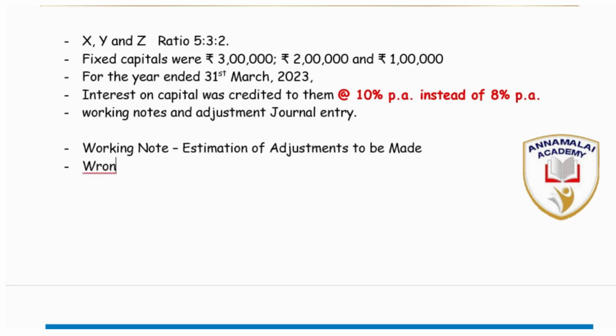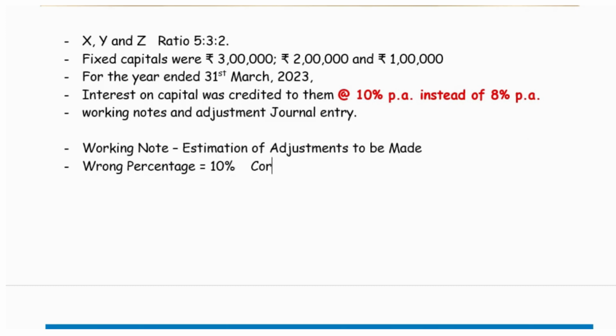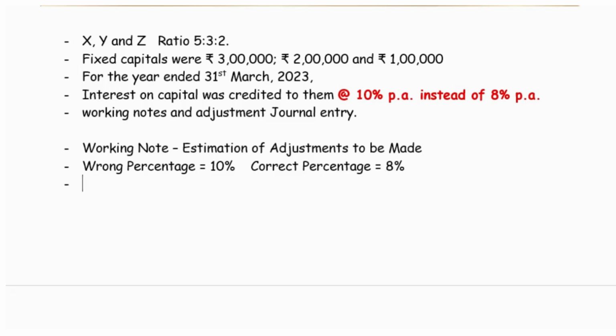That is wrong percentage. Wrong percentage is 10%. But the correct percentage is 8%. And what happens? That is excess 2%. Difference between 10% and 8%.